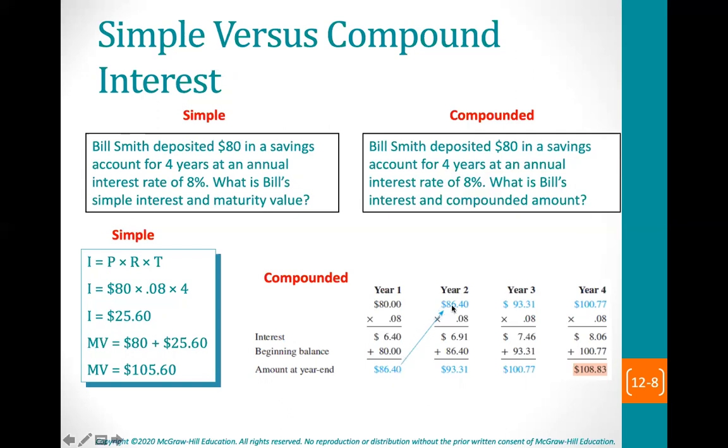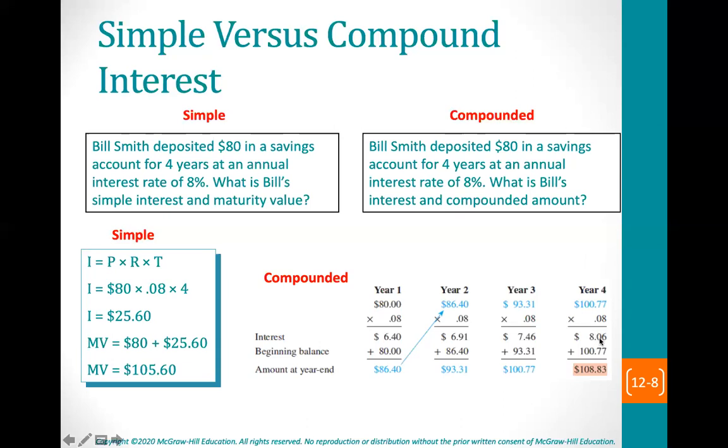That's our new balance to calculate 8% on for year 2. 8% of the $86.40 is $6.91. Add that to the beginning balance to get $93.31. The $93.31 becomes your beginning balance to calculate 8% interest on, or $7.46. $7.46 plus your beginning $93.31 gives you $100.77.